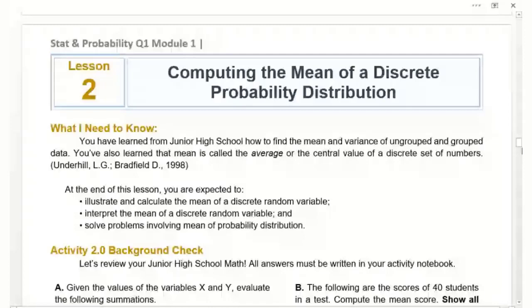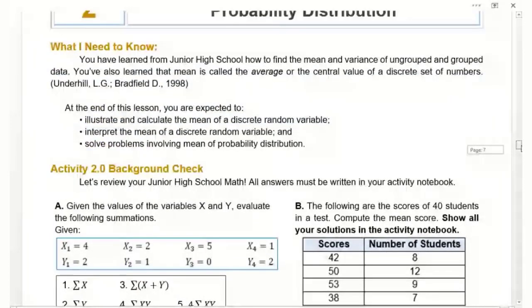Okay, so let's have a background. By the way guys, noong junior high school kayo, I hope you have heard or are familiarized with the mean and variance of ungrouped and grouped data. No? So, ang ibig sabihin nun, you also learned that the mean or the average is the central value of a discrete set of numbers.